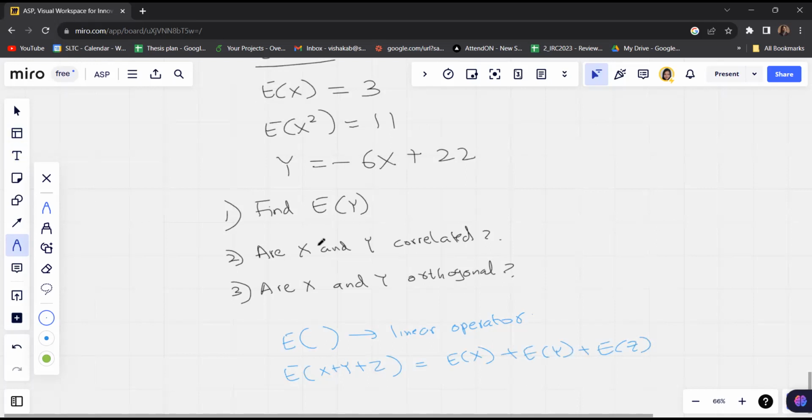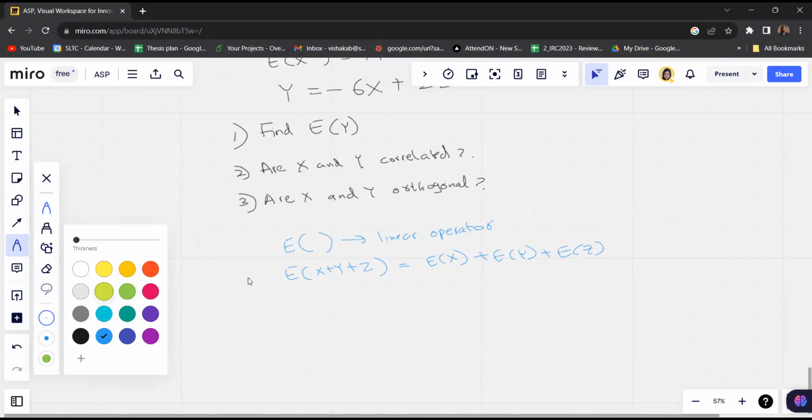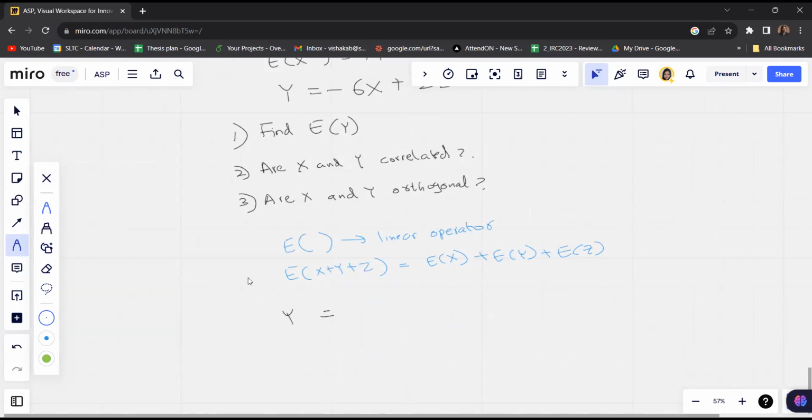So when we consider this situation, we can apply the same concept. So y equals minus 6x plus 22. So EY, I will take as E of minus 6x plus E of 22, right? So the expectation value of 22 will be equal to the constant itself.